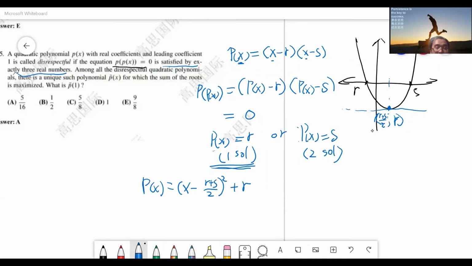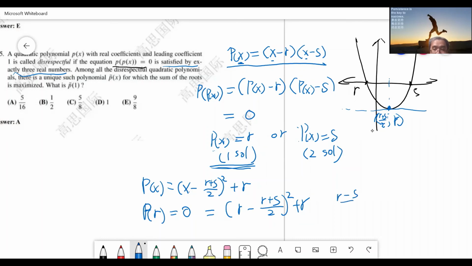From the beginning, we know P(x) also equals (x minus r)(x minus s), so r is a root. That means if we plug in r, P(r) equals 0, which equals (r minus (r plus s) over 2) squared plus r. That must equal 0. Simplifying, this is ((r minus s) over 2) squared plus r equals 0.